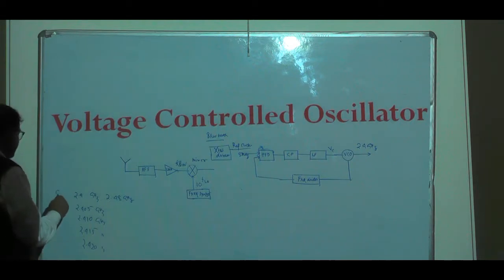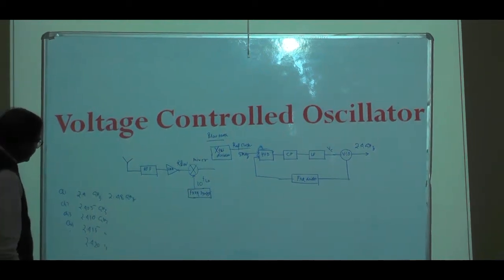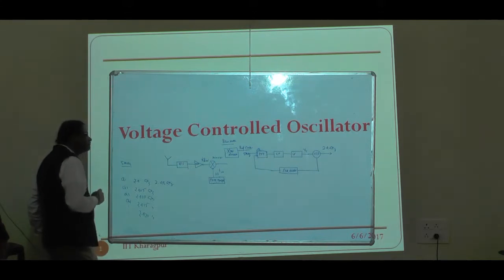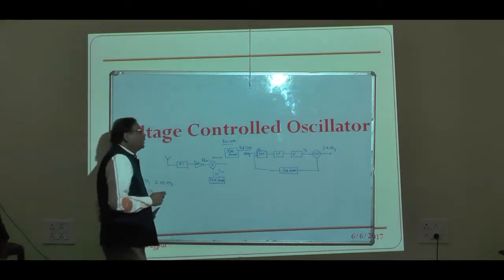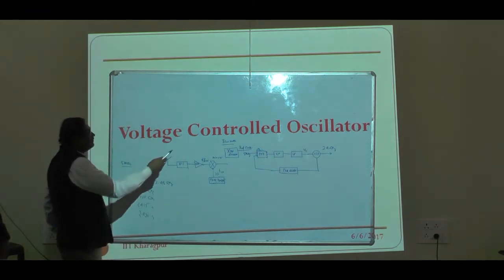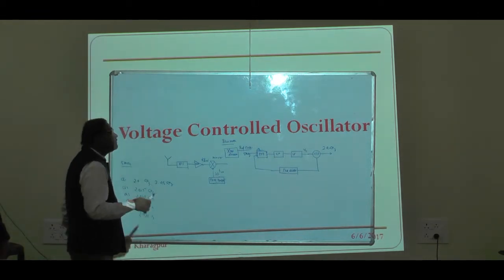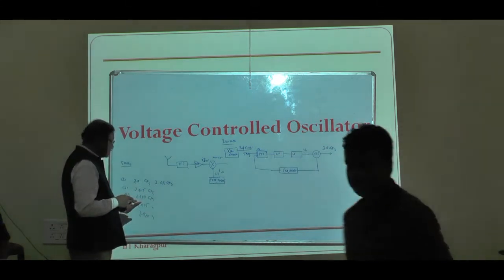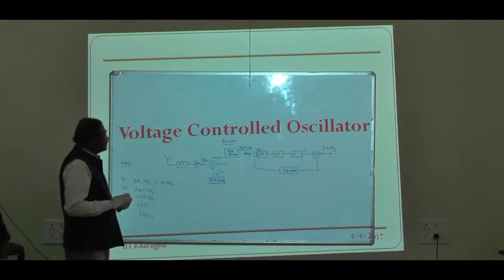So this is channel 1, channel 2, channel 3, channel 4, and so on. So we understand there is a 5 MHz spacing between the two channels. It is not necessary that the channel spacing is 5 MHz and the crystal oscillator is 5 MHz. It may be a multiple of that, depending upon your performance.